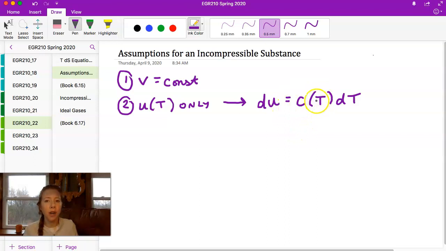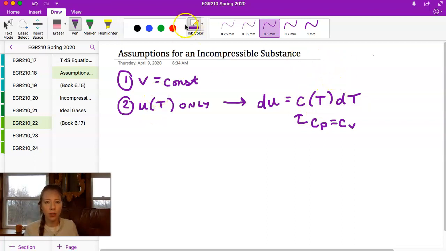And for an incompressible substance, C for a constant pressure process, Cp, is equal to C for a constant volume process. So it depends on the substance, and it's a function of only temperature for an incompressible substance.